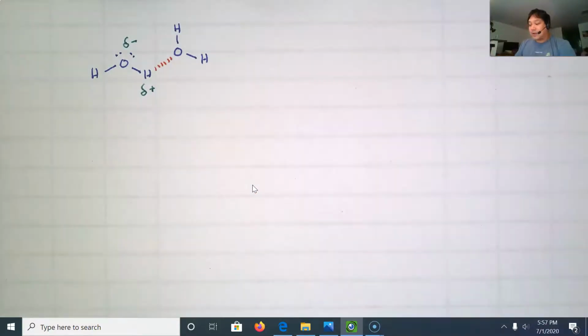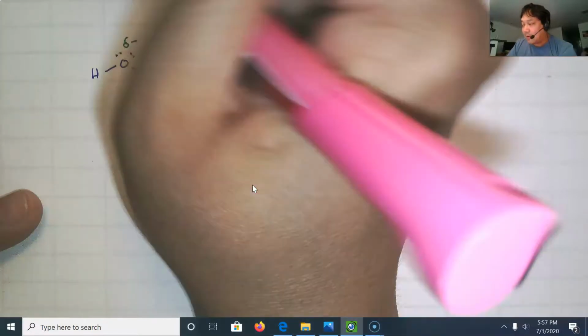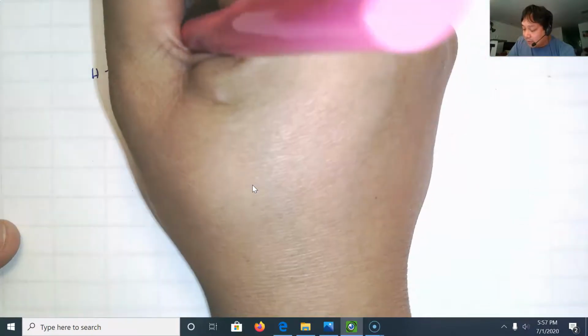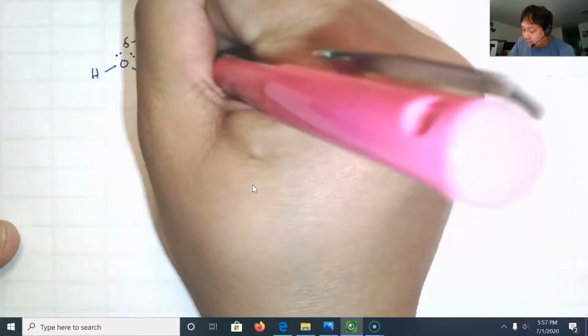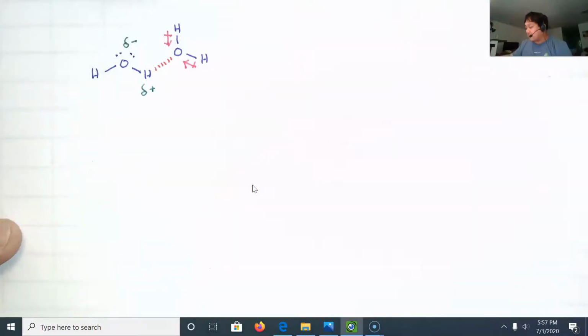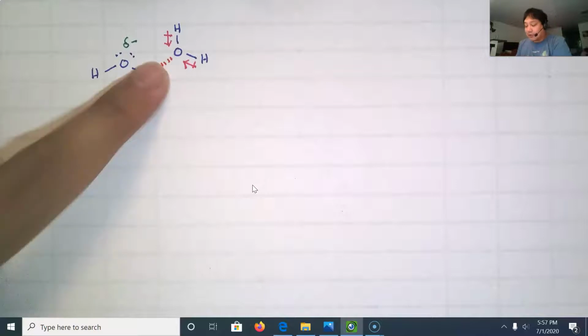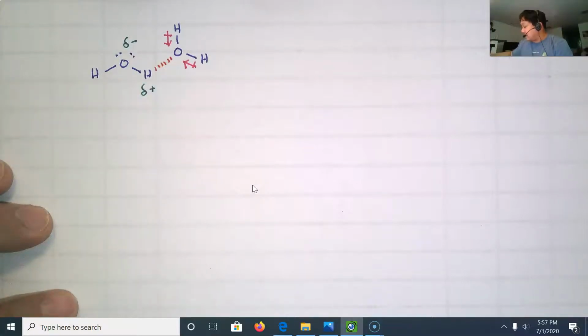There's another way that you can show these bond dipoles and the unequal sharing of the bonding electrons. You can show it with a dipole arrow like this, bond dipole arrow. Now, if you think about the two partners in this hydrogen bond, this is your hydrogen bond.